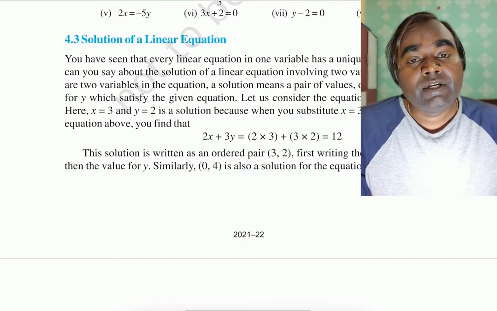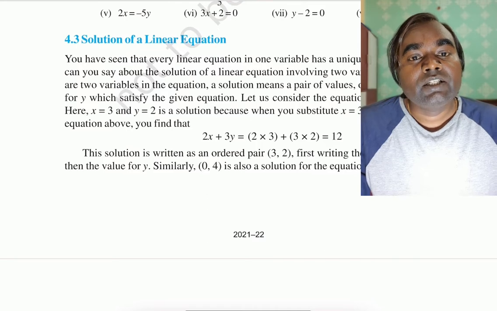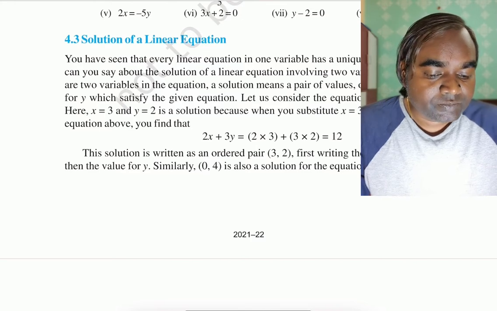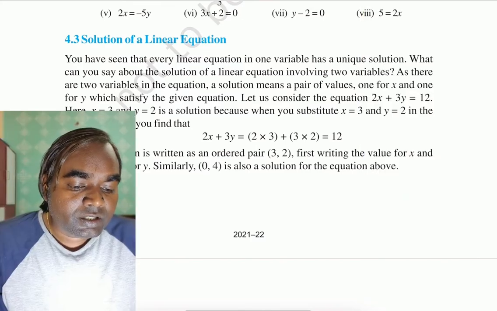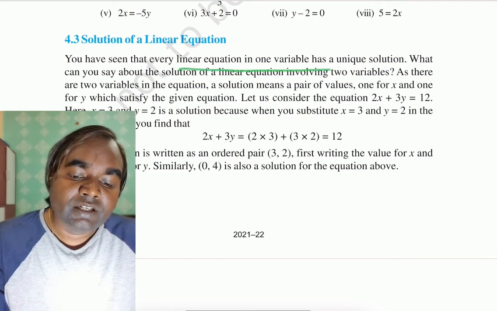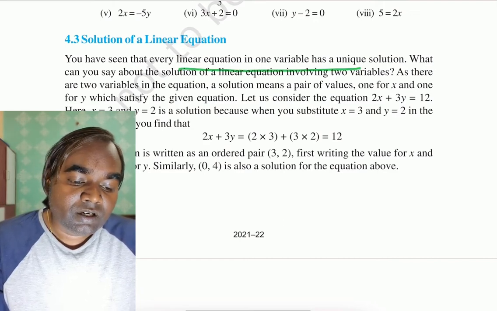They may have various solutions, an infinite number of solutions. So it is to be noted. Already you are familiar that a linear equation in one variable has a unique solution. Now what about linear equations in two variables?